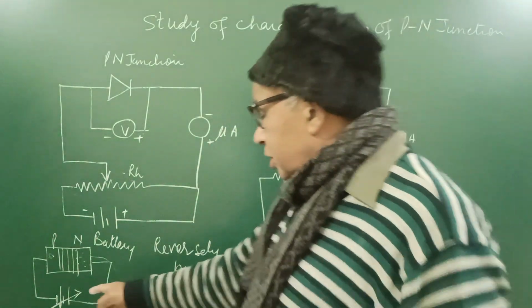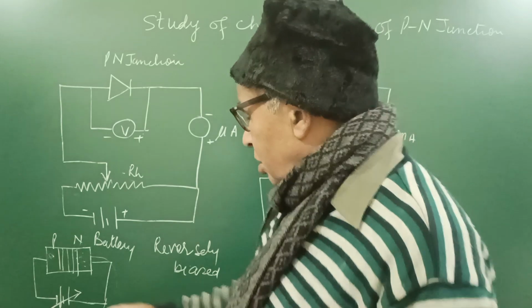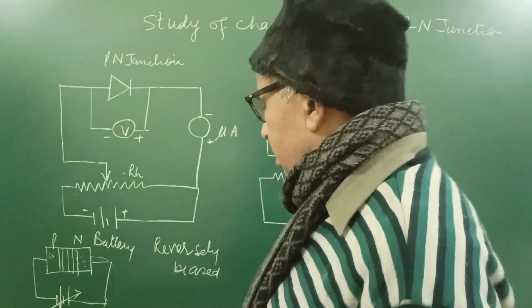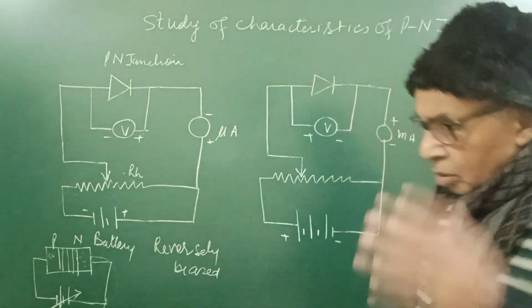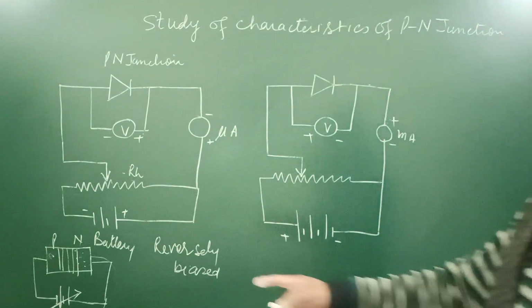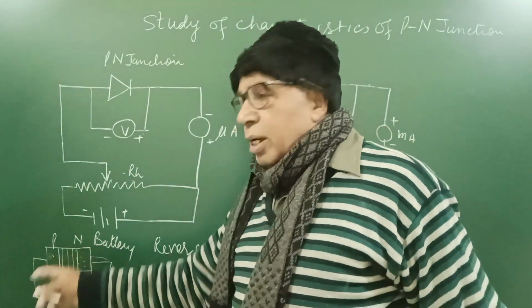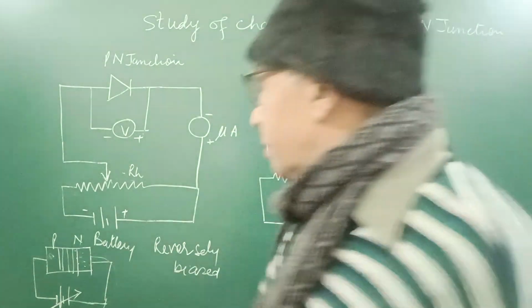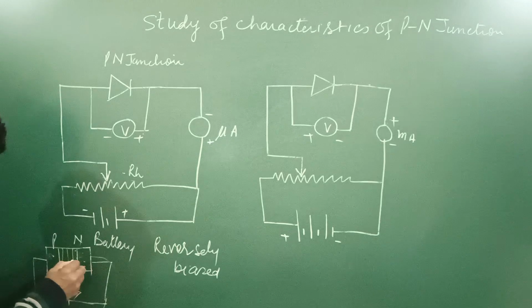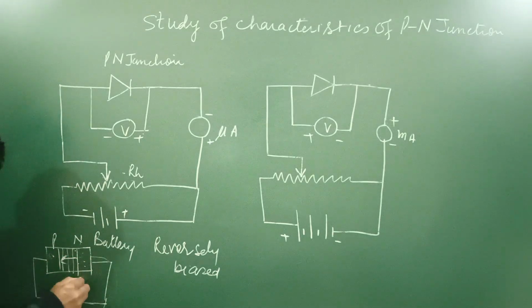And when we start increasing the reverse bias voltage, at certain high voltage, the material of PN junction in the depletion layer gets ionized. Why? Because there is junction field as well as applied field in the same direction.